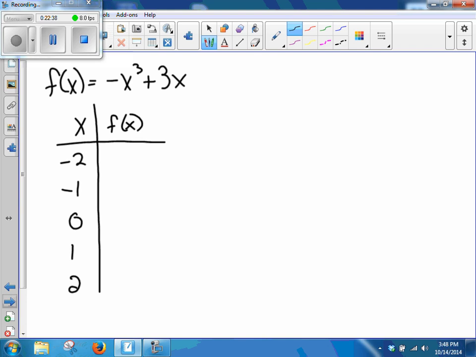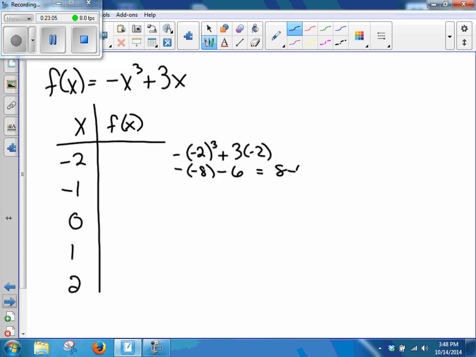Plug it in. I'm just going to write up the numbers here, but just make sure you're plugging it in and being careful with the negatives. So I'll do the first one actually. Negative 2 to the third plus 3 times negative 2. So you get negative, and then negative 2 times negative 2 times negative 2. Well, that's going to be negative 8, but then don't forget about that negative out in front, and then you have minus 6.